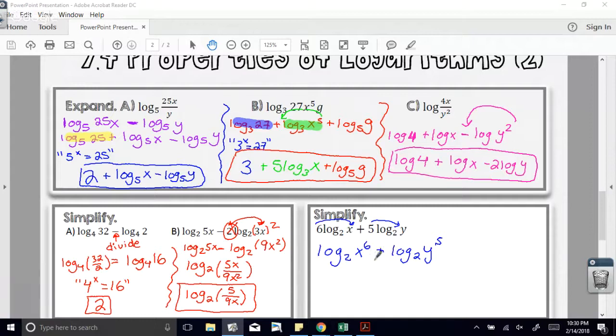This time we have an addition sign, and we said to merge addition, we are going to multiply. So to bring these together, I've got log base 2 of x to the 6th times y to the 5th, and then I am done with that.